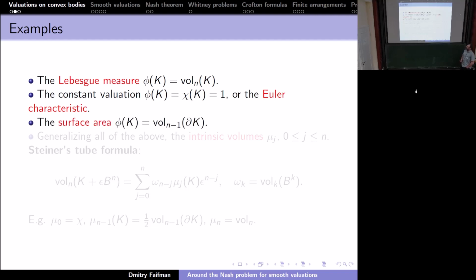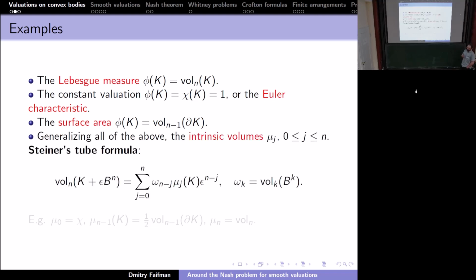Surface area is a good example of a valuation which is not a measure. And the intrinsic volumes, which have appeared in at least three past talks, are good examples of valuations. They can be defined through Steiner's tube formula. Namely, you look at the epsilon tube around the convex body.